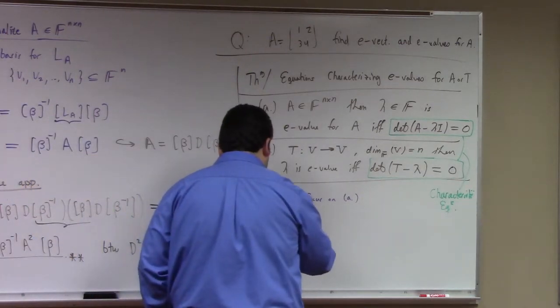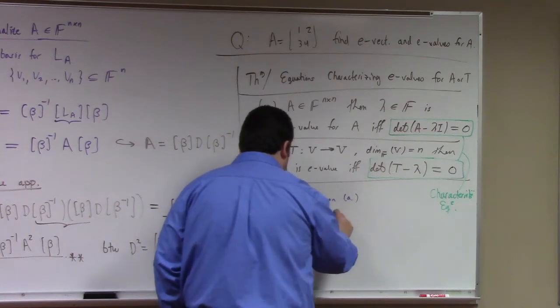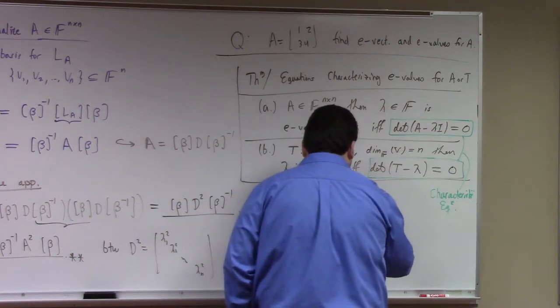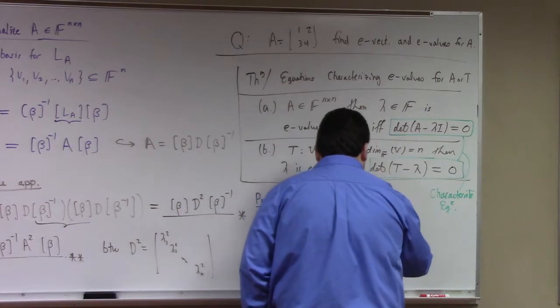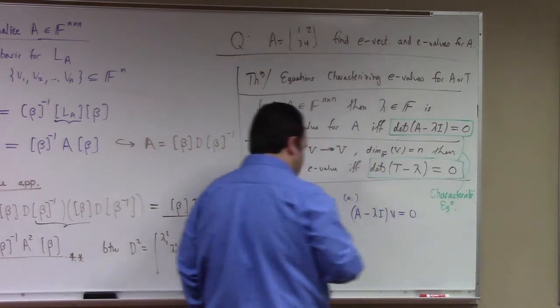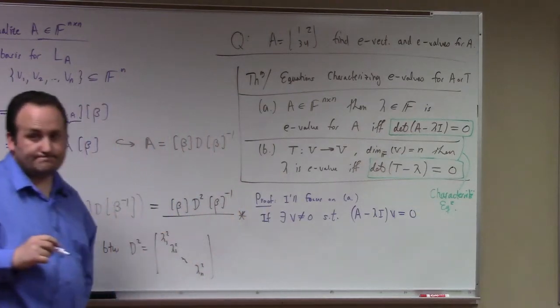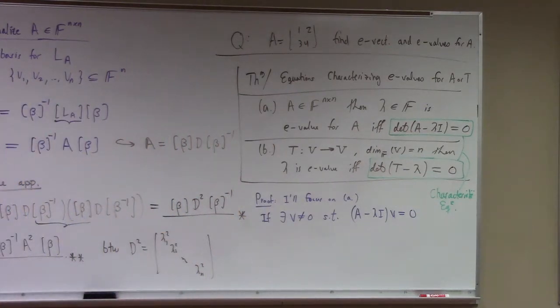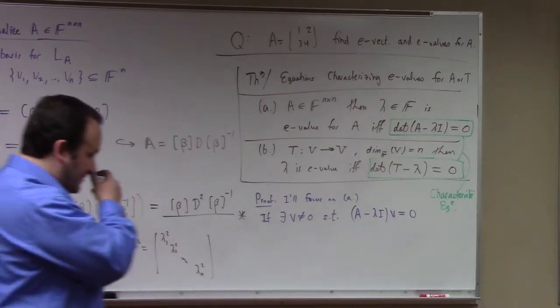It means there exists v not equal to 0 such that A minus lambda times the identity times v is equal to 0. What does that say? That says that the kernel, the null space of A minus lambda I, is non-zero.